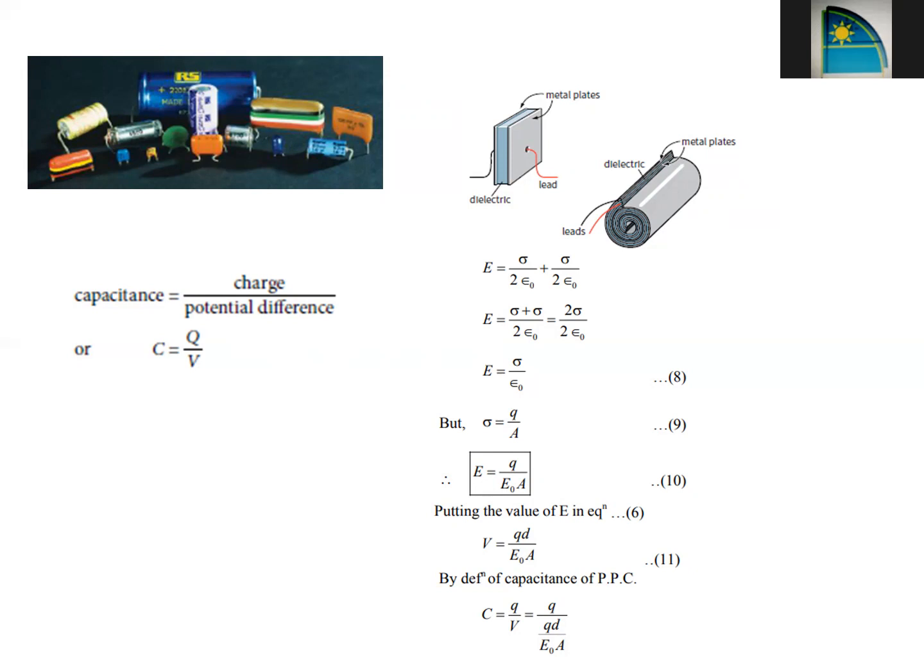In this case, we fill the in-between space with something known as a dielectric. For dielectrics, we have to remember one very simple thing, that all dielectrics are insulating by nature. So basically we are putting charge on one metal sheet, in between I have an insulator, and then I have another metal sheet.